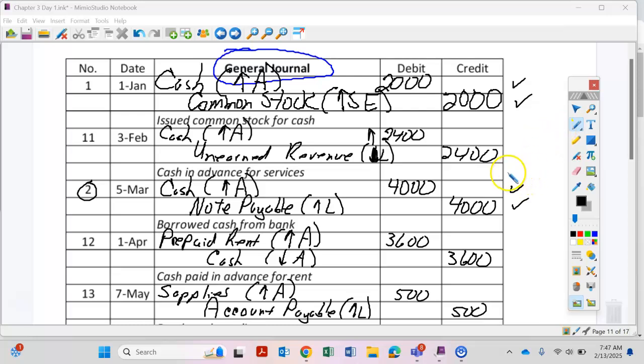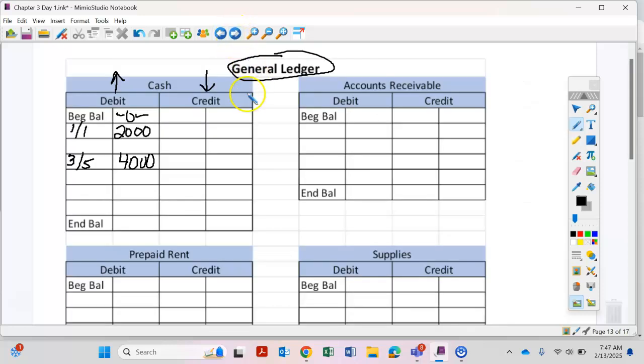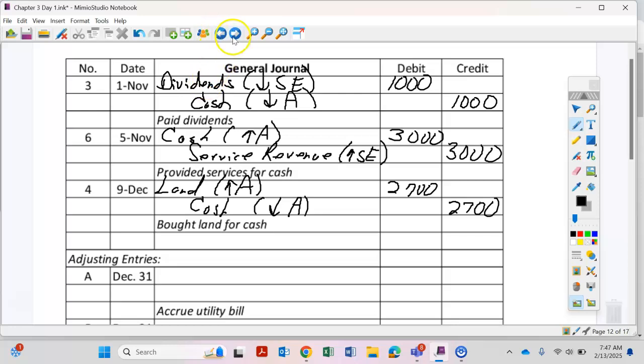Okay, here you can watch me, or you can just do this on your own and check it when we get to the ledger. But I'm going to go through and repost these. So cash goes up and unearned revenue. So I'm going to go post that, debit cash, credit unearned revenue. Sorry, let me go back to that.